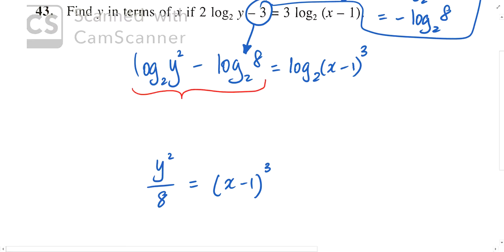The subtraction part. Y square? Minus 8. If you put minus 8, you can't get the last step. Divide by 8. Makes me wonder how you did your work.